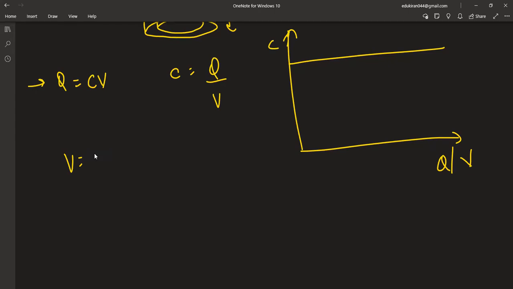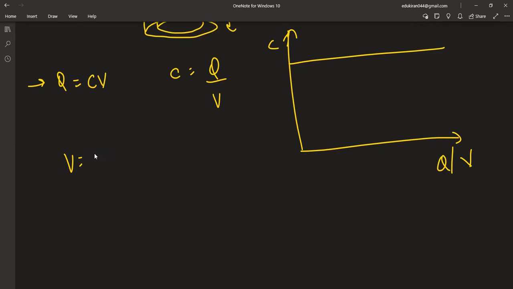V is equal to KQ by R, for a point charge. That's how you calculate it, whether you take a point charge or a sphere.